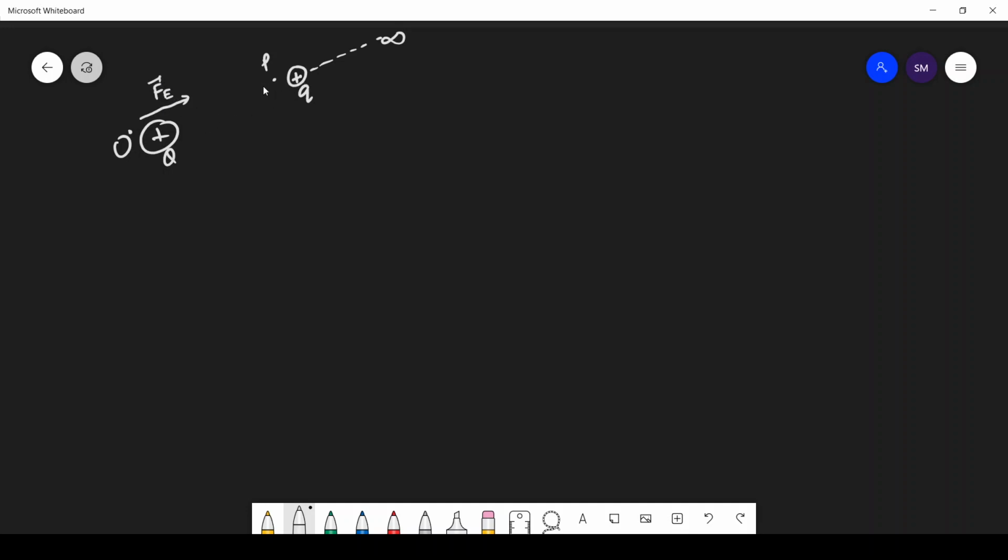So this plus q will be repelled. That's the direction of electrostatic force, but this is the direction of applied force. So they are exactly equal and opposite, and acceleration is 0 here.